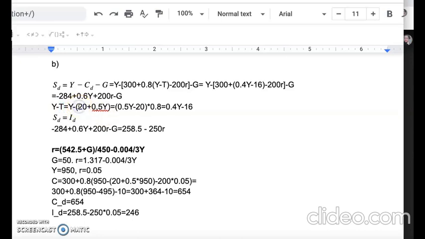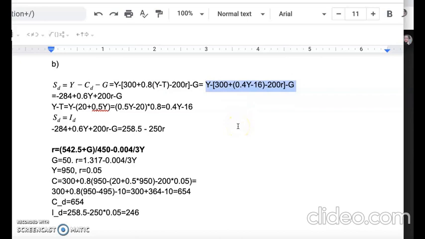It is T equals 20 plus 0.5Y. So we just replace it, and after that we multiply it by 0.8, and we have this value, and we put it here instead of this part. So we have this image of our equation.